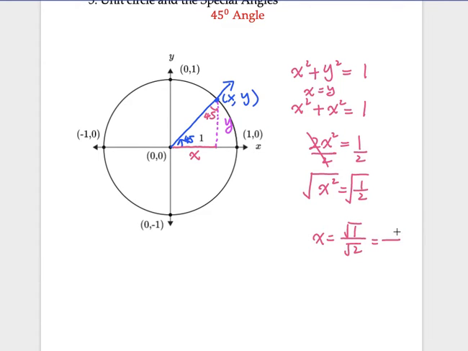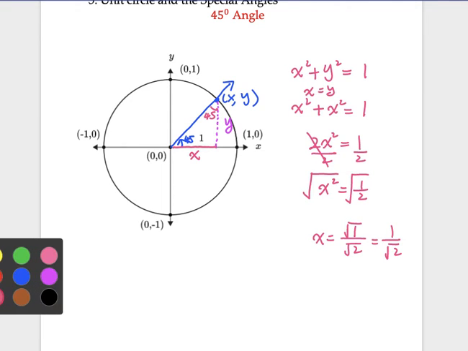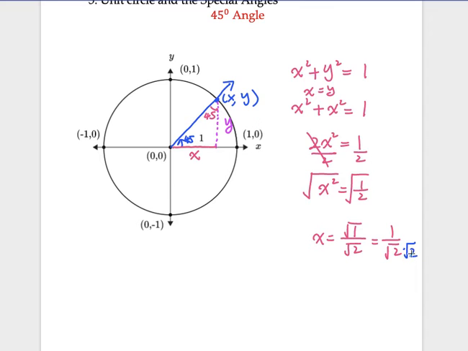Some students might say, can I keep the answer as 1 over radical 2 here? In math, we prefer to keep the denominator rationalized, meaning we do not keep a radical sign in the denominator. So I'm going to make some change. I'm going to multiply by the same value.